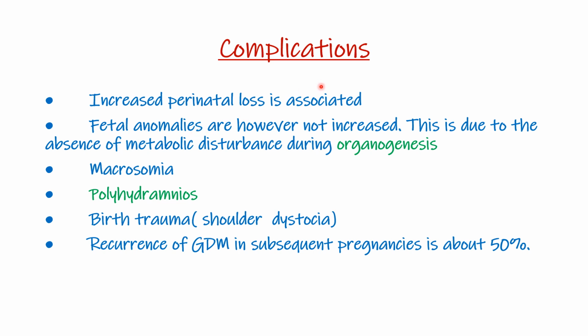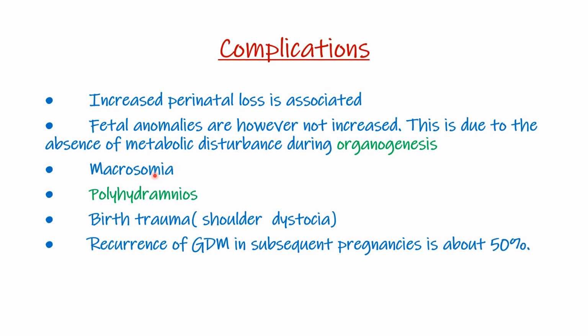So in terms of complications, you won't include malformations, because gestational diabetes occurs after 24 weeks, that is the second and third trimester, after organogenesis has occurred. So we will have increased perinatal loss associated. Fetal anomalies, however, are not increased, as I've said before. This is due to absence of metabolic interference during organogenesis.